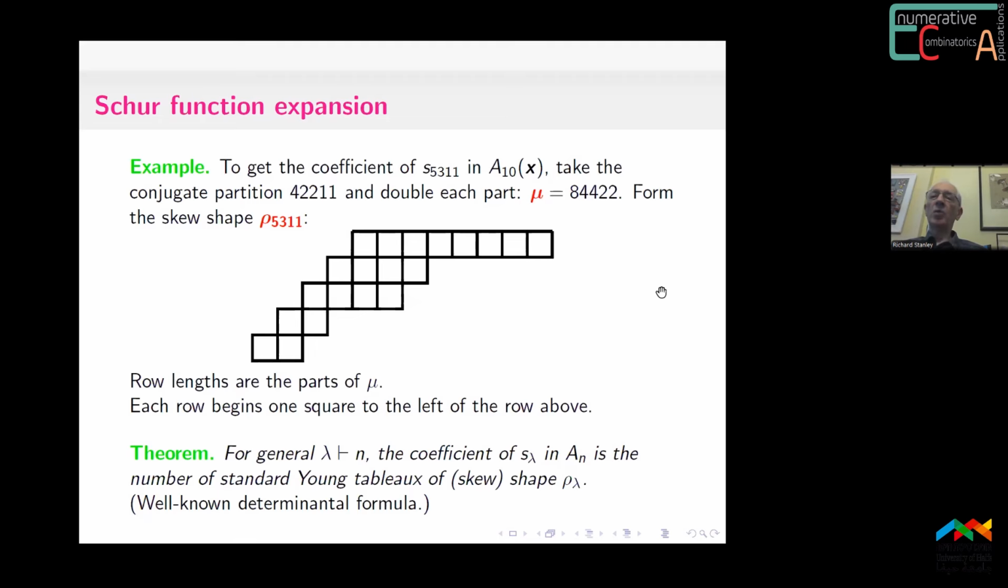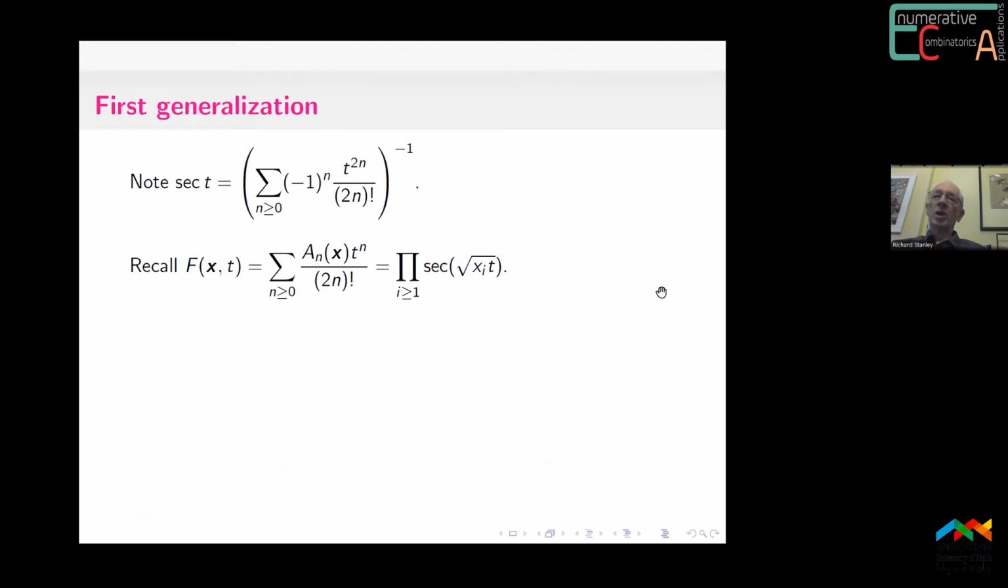Now I want to talk about generalizations. So I won't go into the most general possible case. I'll just discuss some that are maybe easier to comprehend from first sight.